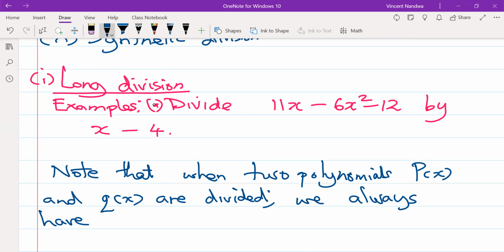If you divide two, if I assume you are dealing with numbers, we have a quotient and remainder.